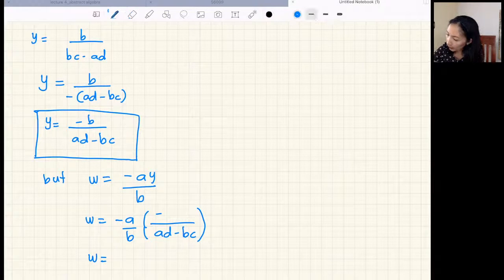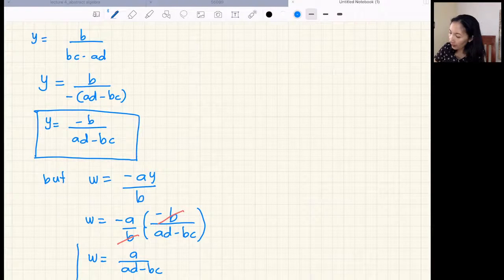B, with this, will cancel out, leaving W equal to A over AD minus BC. So now we have W. We have X, we have Y, W.